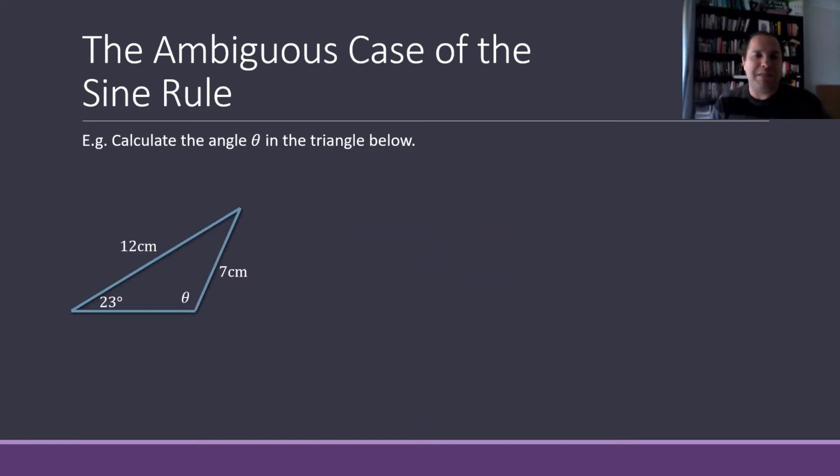All right, so let's put this into practice. We've got an obtuse angle down here. Again, it's just the example we've been dealing with. We've got our 12 centimeters and our unknown, and we've also got our 23 degrees and our opposite side of 7 centimeters. So we can use the sine rule there. So sine theta over 12 centimeters is going to be equal to sine 23 over 7 centimeters.